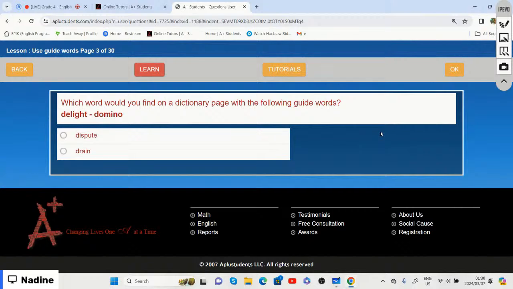All right. So we already have our two guide words, delight and also domino. If we were to choose a word that goes in between those words, basically yes, dispute. Drain goes after domino.